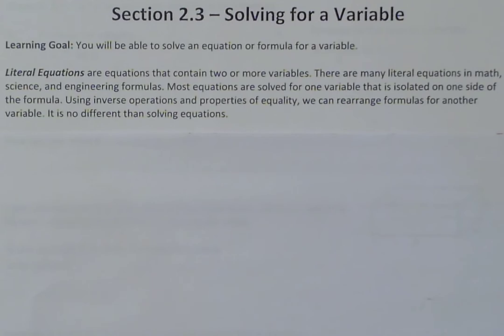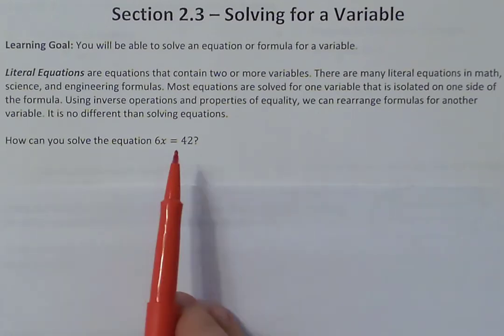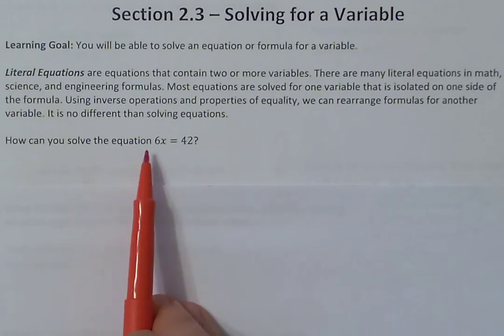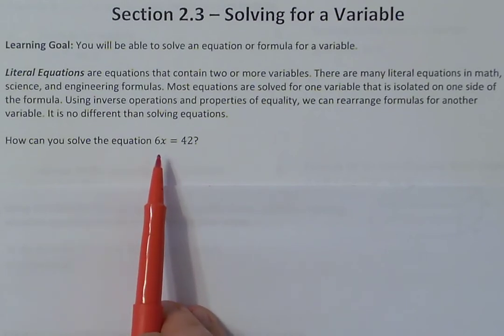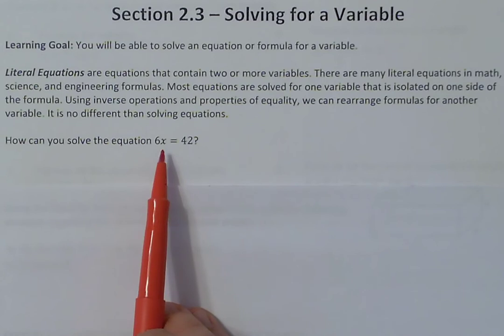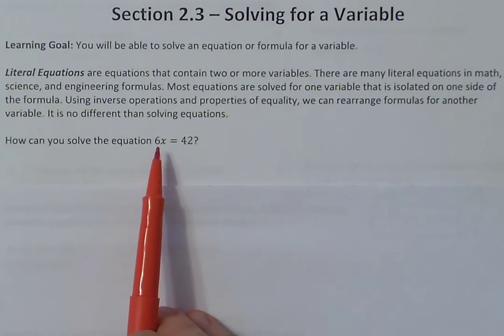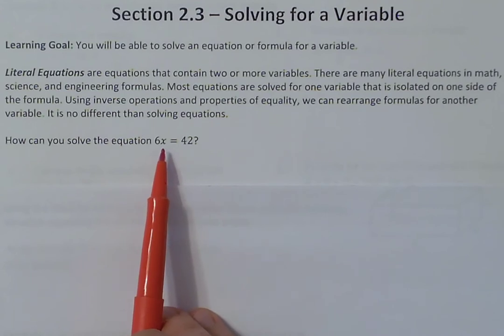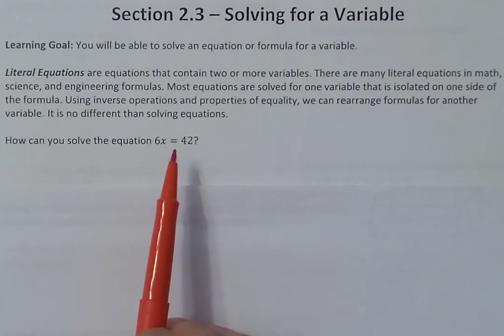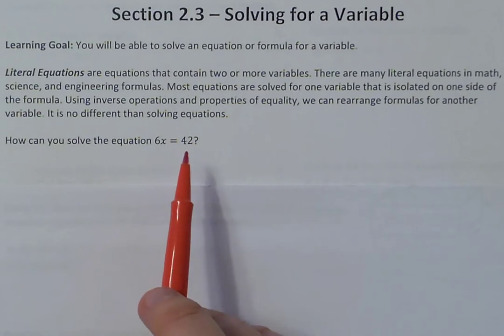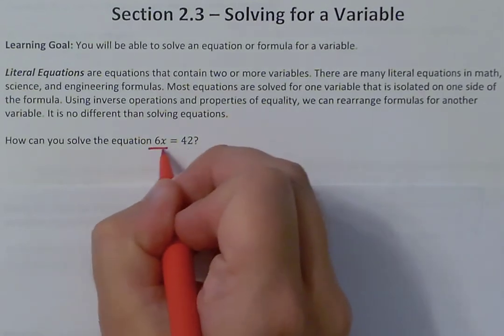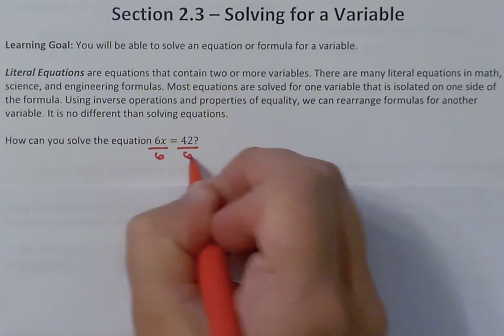Okay? Alright, so with that said, I'd like to do a brief introduction. If we look at the equation 6x equals 42, how do we solve this equation? We want to solve for x, so we ask ourselves what is happening to x. Well, 6x implies 6 times x, so to solve it, I have to do the inverse, or the opposite, which is going to be divide by 6.